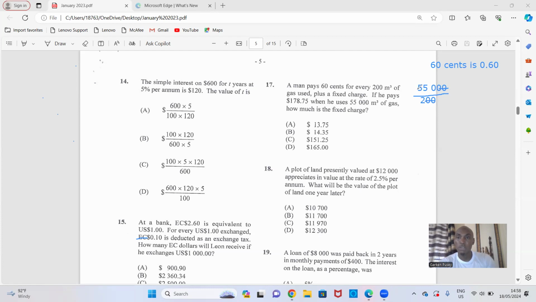Now 2 can go into 500 250 times, right? And 2 can go into the 50 how many times? 25 times.